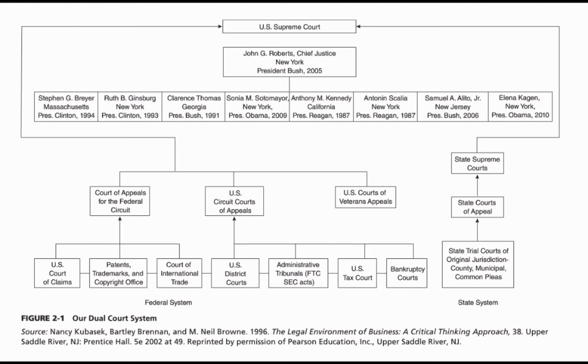The U.S. has 96 districts with set boundaries and at least one trial court per district and at least one district per state. The second level of courts in the federal system is made up of U.S. Circuit Courts of Appeals. The United States is divided into 12 geographic areas, including the District of Columbia, each of which has a Circuit Court of Appeals.